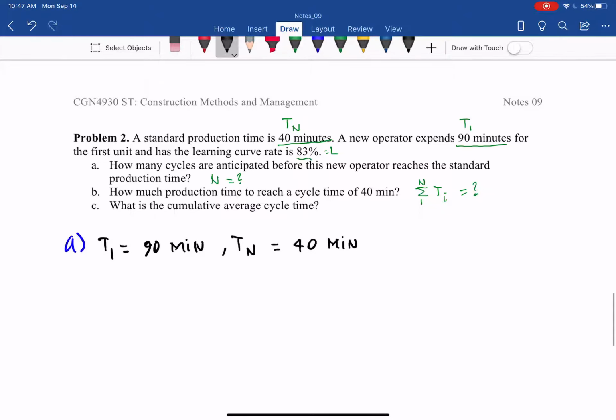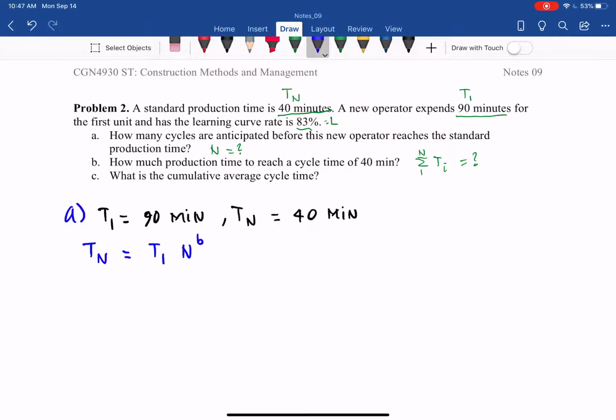From that we have the equation for Tn. This problem doesn't ask for any specific approach, so it's better to use a logarithmic approach. Here we have Tn equal to T1 times n to the power b, as you know. We can replace Tn, already given, but b is not given, so we need to find b.